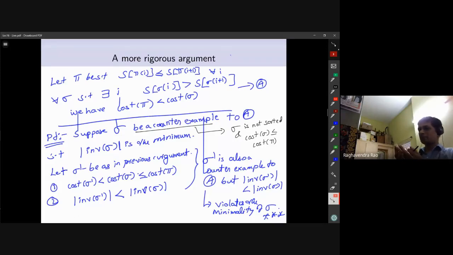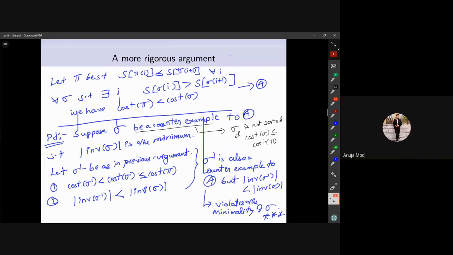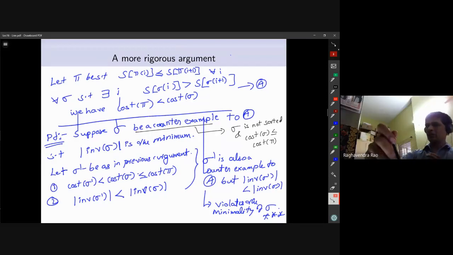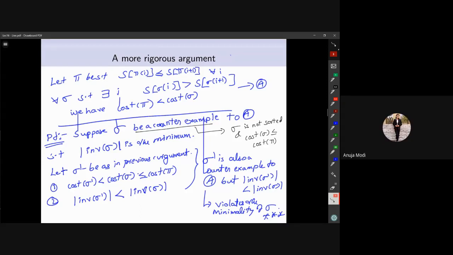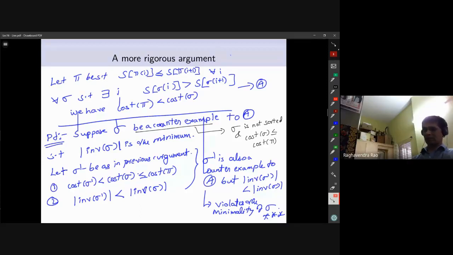That means the number of inversions cannot be 0 when I say minimum, because the array is not sorted with respect to sigma. If the number of inversions is 0, then the array is sorted. That's not a counterexample. Yes, sir.